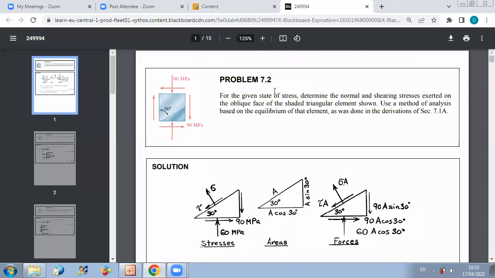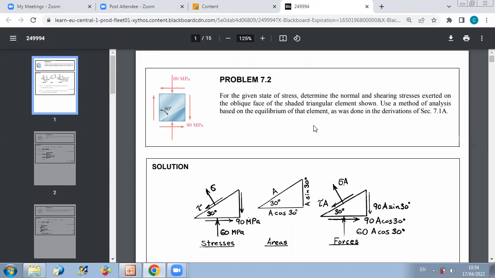In the following problem, for the given state of stress, determine the normal and shearing stresses exerted on the oblique face of the shaded triangular element shown. Use a method of analysis based on the equilibrium of that element, as we did in the derivations. So sometimes if they force you to use derivation methods, you cannot use the relations we developed before.